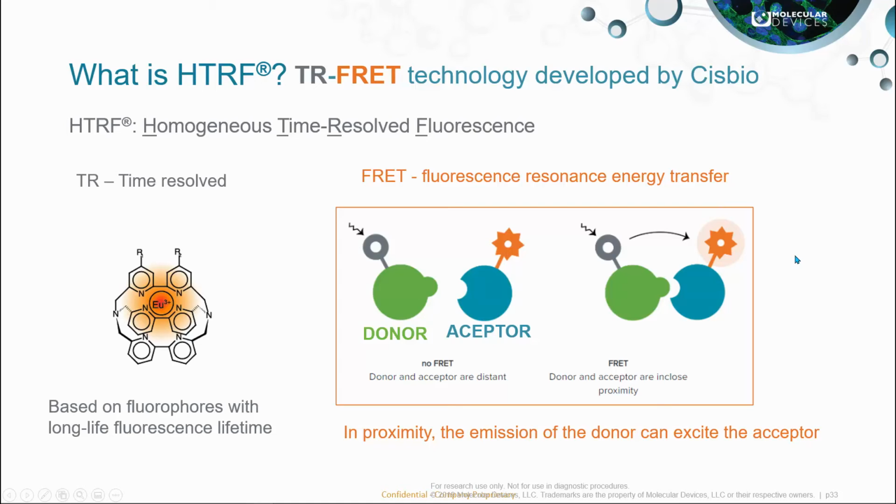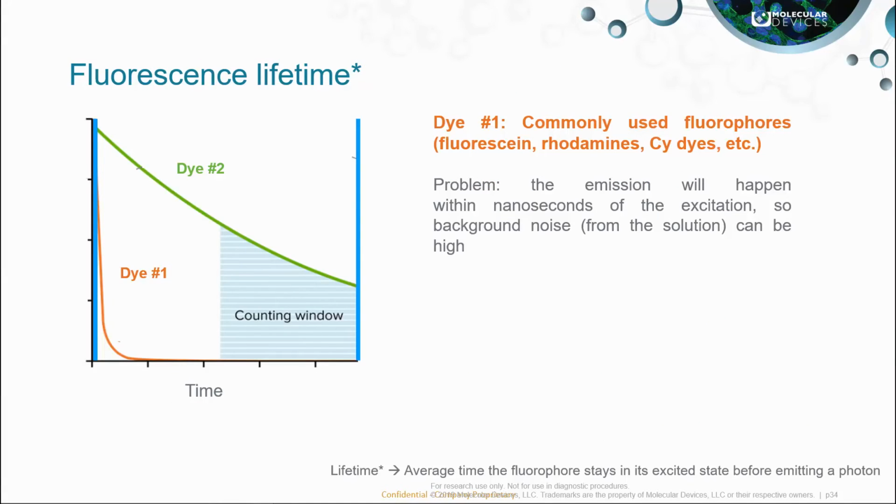On the other side, TR means time resolved and is based on a fluorophore with a long-lived fluorescence lifetime. I will explain a bit more in depth in the following slides. So the standard fluorophore like fluorescein has a short-lived fluorescence emission in the range of nanoseconds, as you can see in the graph in the orange line.